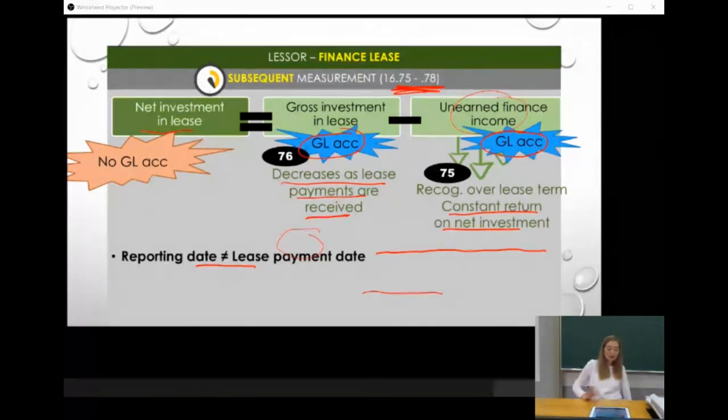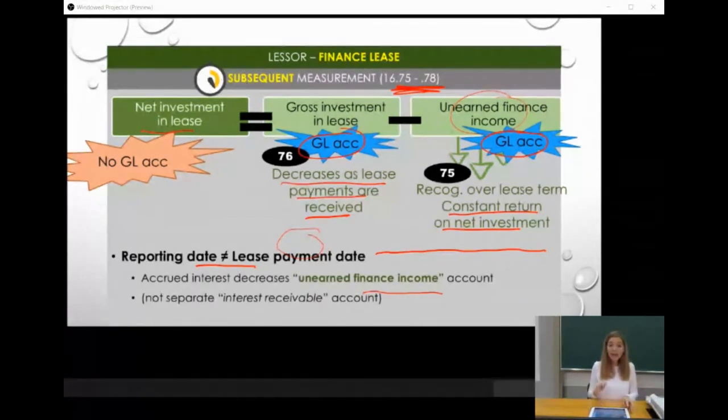Just a quick note there. What happens if our reporting date and our lease payment dates are not the same? If the lease year and the financial reporting year are not the same, what should we do? Remember we had that with the lessee as well: the moment our financial year and our lease years do not agree, we have to accrue for a portion of that interest.